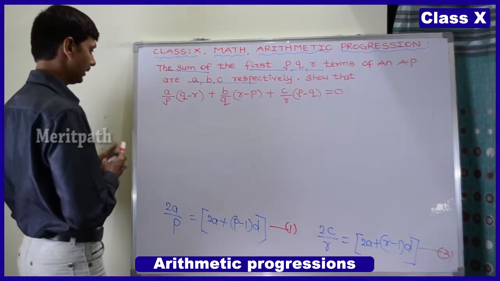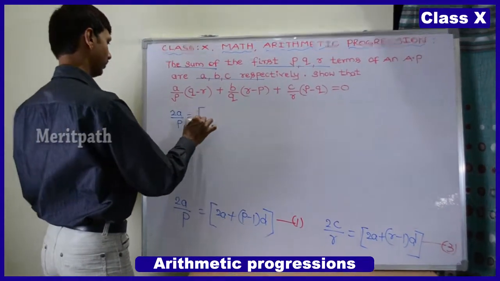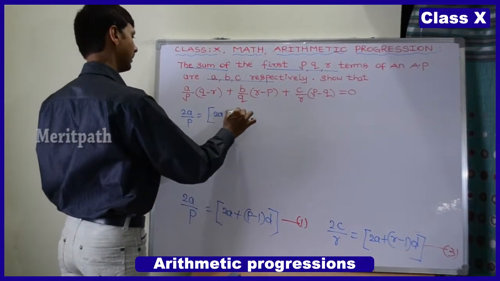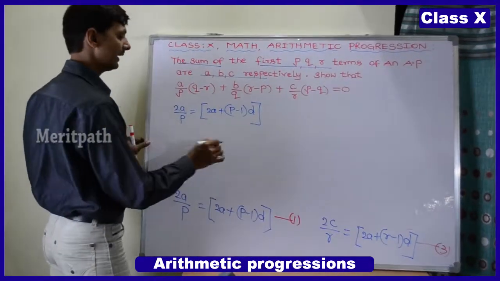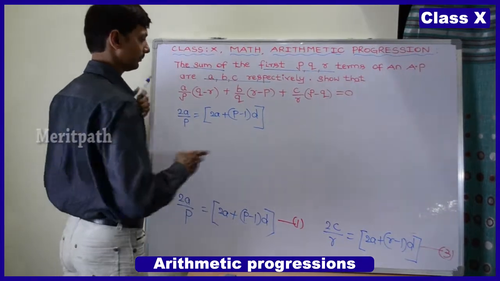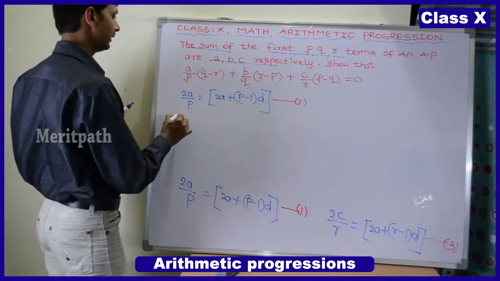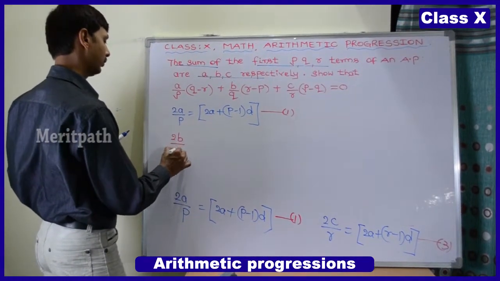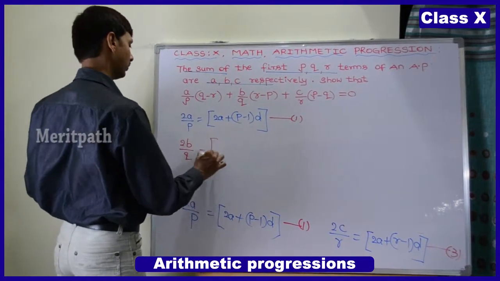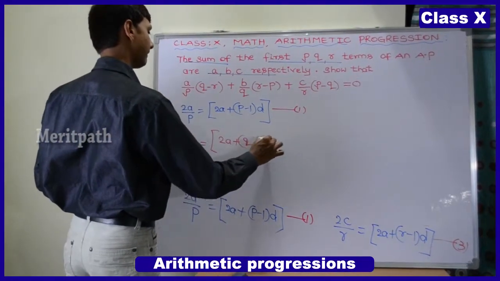The first equation is 2a by p is equal to 2a plus p minus 1 into d. The second equation is 2b by q is equal to 2a plus q minus 1 into d.